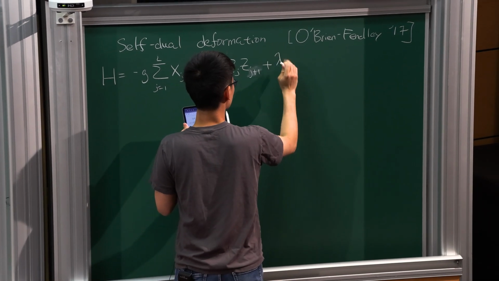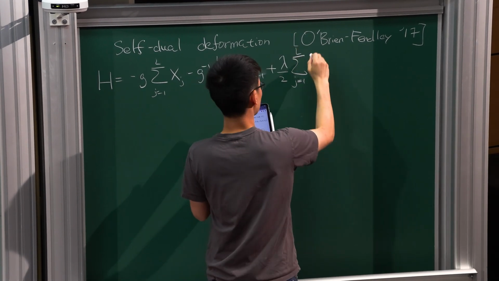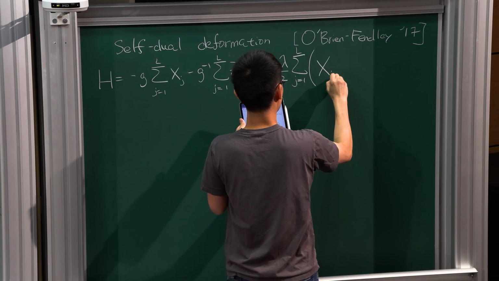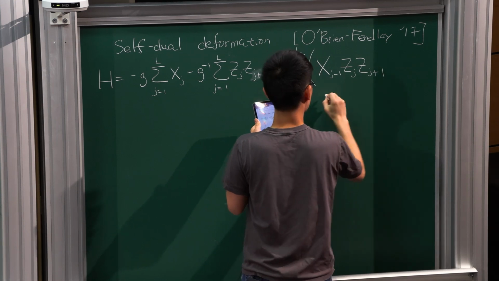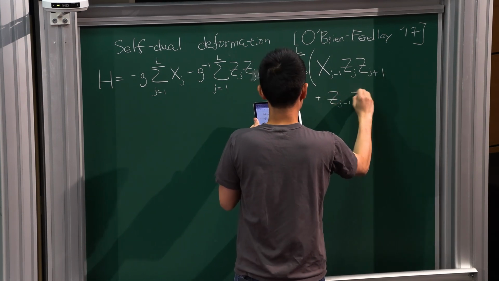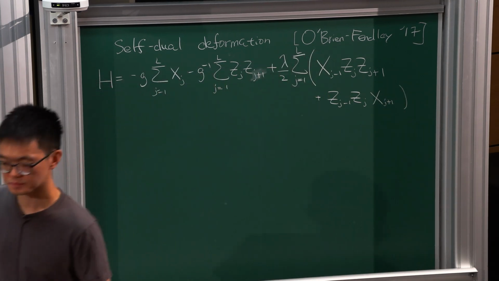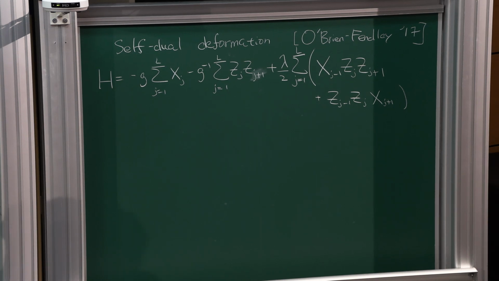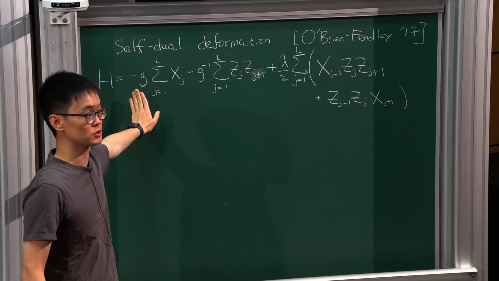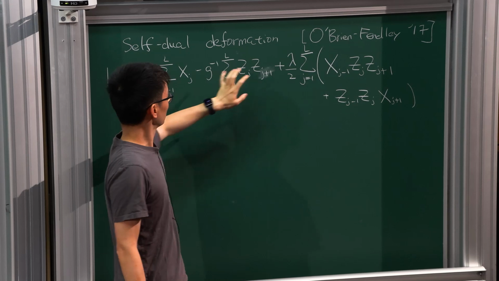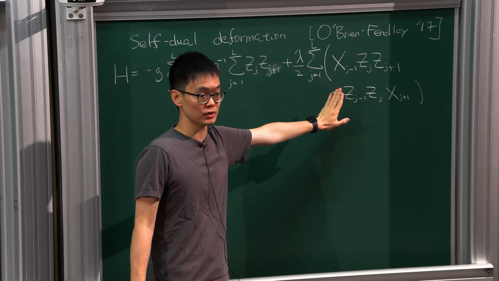And then there's a second part, which is the interesting deformation they have. The g deformation, as we discussed, will break the non-invertible symmetry, but it preserves the Z2. When you fix g equals 1, then the lambda deformation preserves both the non-invertible symmetry and the Z2.